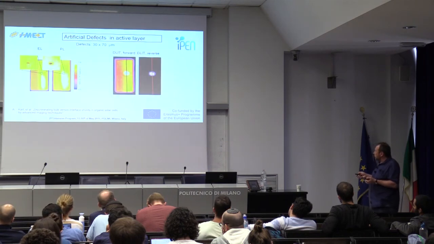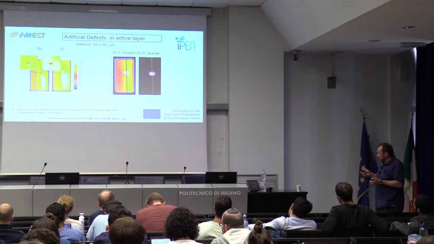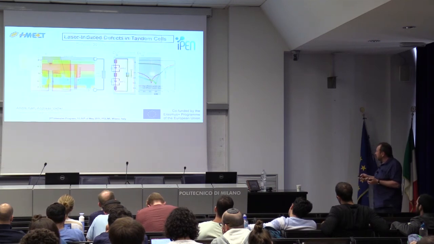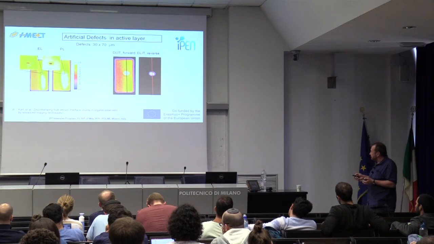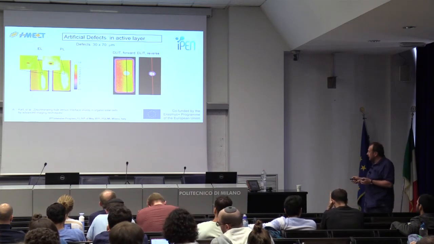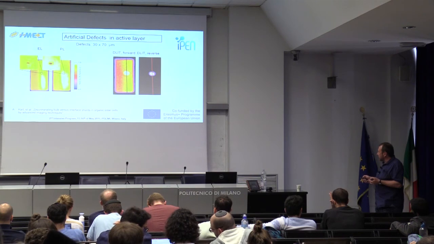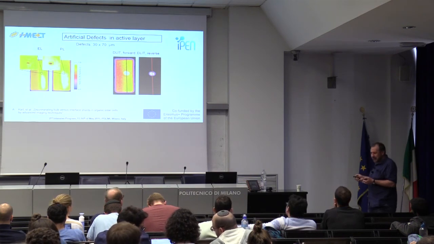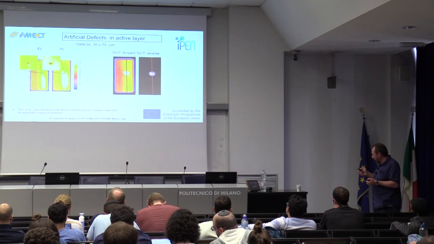You can make defects in the active layer. These defects have a much stronger effect on the electrical properties. Actually, I thought that I had put the IV curves also in these figures, but for some reason they are missing now.